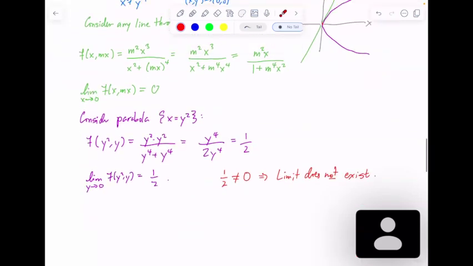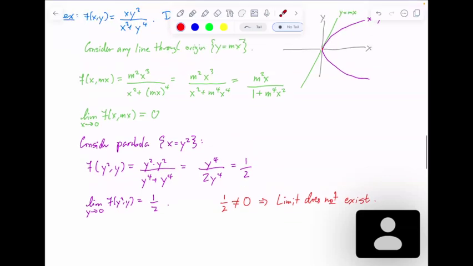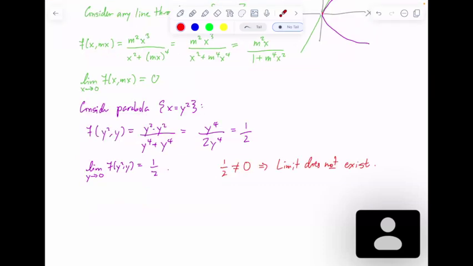Moral of this story, great. So the moral of this story is it's very hard for you to decide using this method on paths whether a limit does exist or not. In this class, we're going to teach you mainly two versions, 2.5, I'd say. The main idea is I'm going to go through, in the following steps, techniques that we'll learn on how to assure yourself there is a limit that exists.